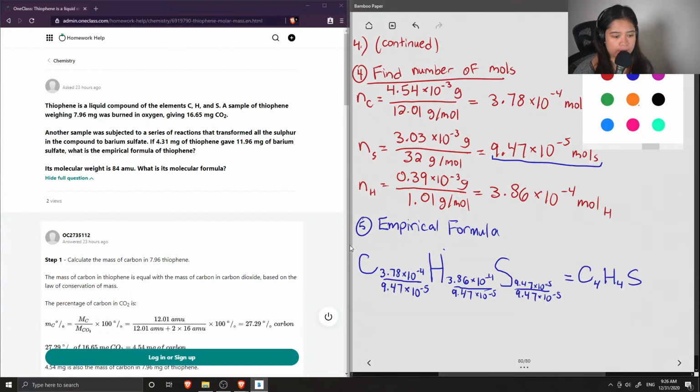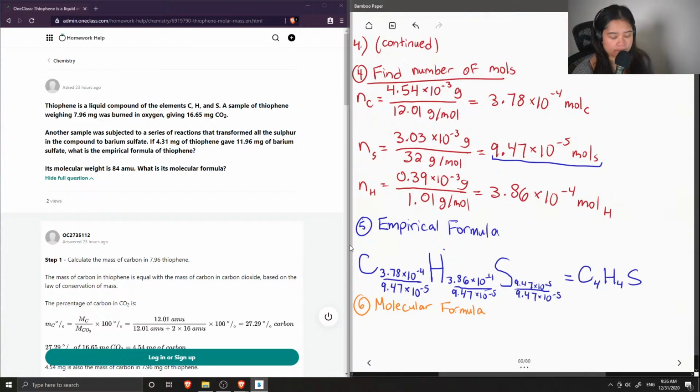So now for step 6, we can find the molecular formula. So to do this, we first want to find the total mass of our empirical formula. So it was 4 times the molar mass of carbon plus 4 times the molar mass of hydrogen plus the molar mass of sulfur.